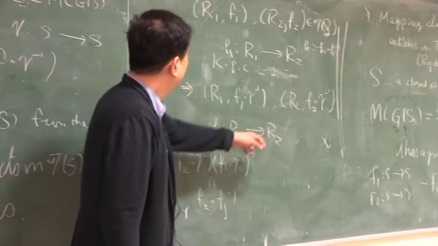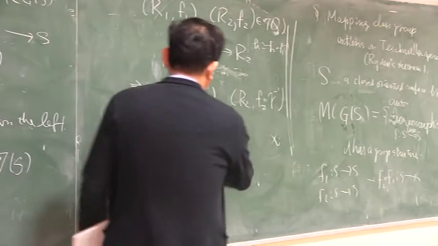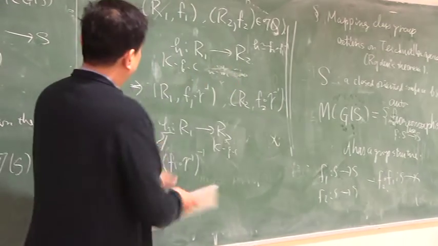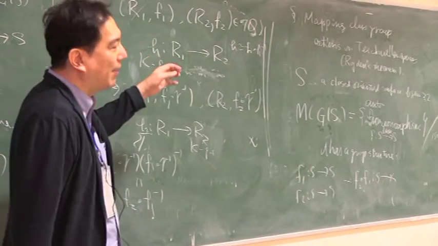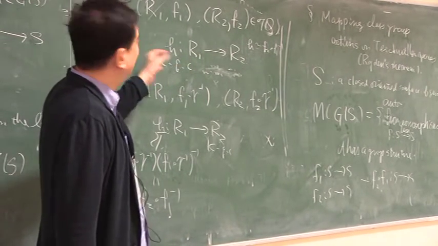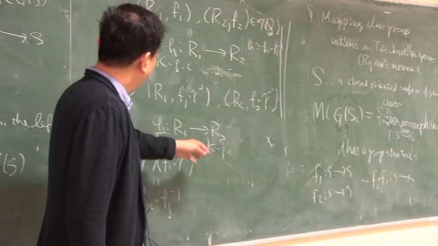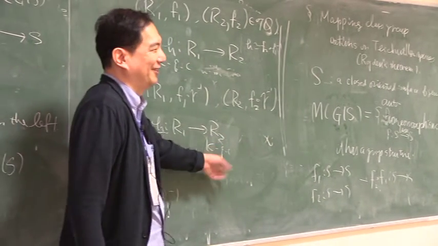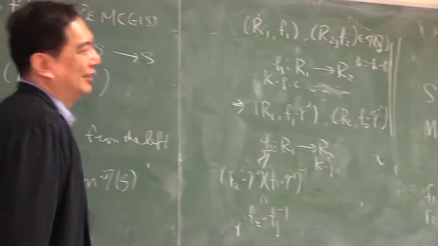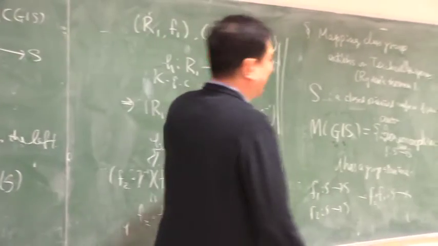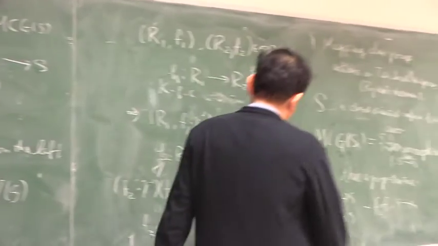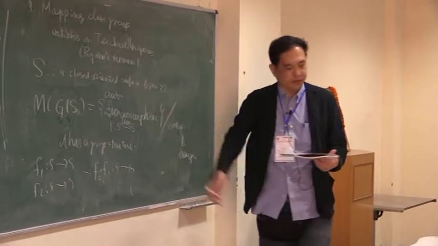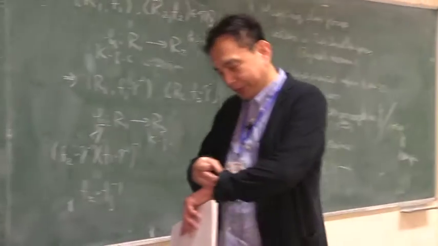So this gives a K-quasi-conformal map between these two points. If you consider the infimum of half of the log of this one, you have the infimum of half of the log of this one, so they have the same distance. So these two points and these two points have the same distance. That's the end of the proof. So you have an isometric action of the mapping class group.